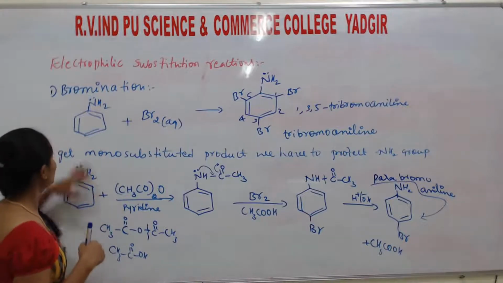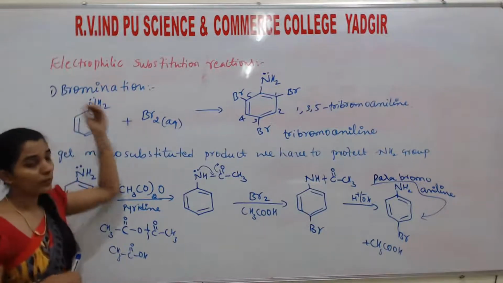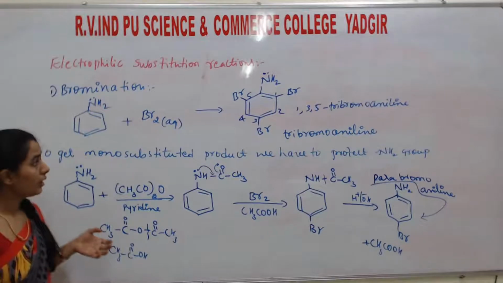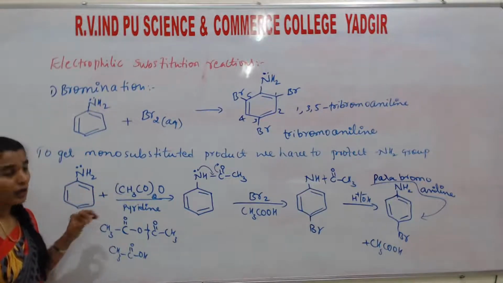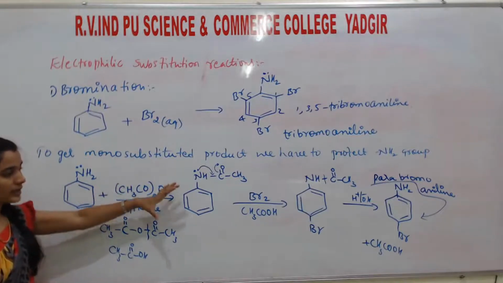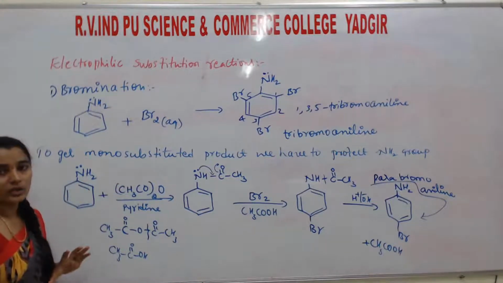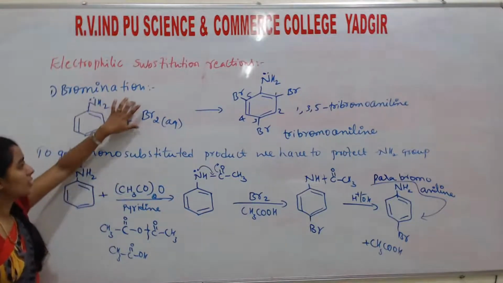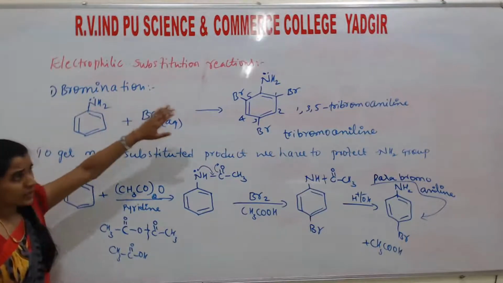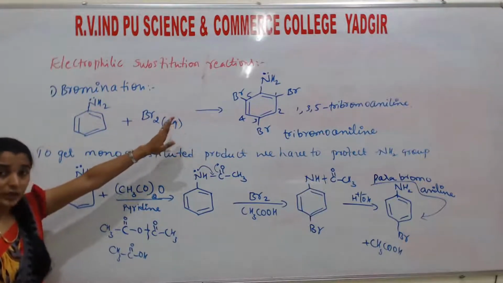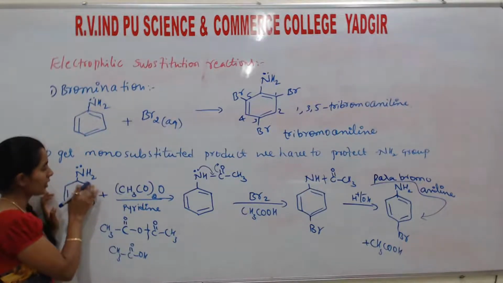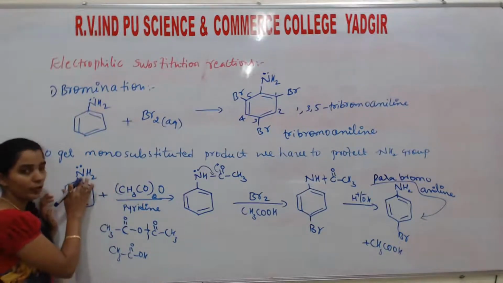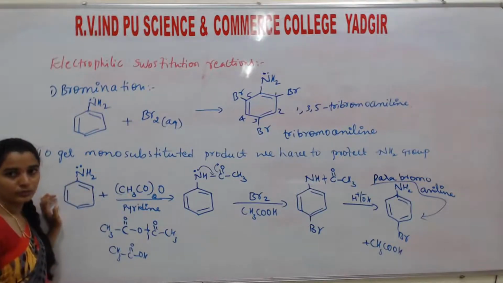So all the reactions, whether it is bromination, nitration or sulfonation, take place in this manner only. You may take chlorination also. Instead of bromination, if we take chlorine here, that will also give trichloroaniline. So to get a mono-substituted compound, we have to protect this NH2 group.